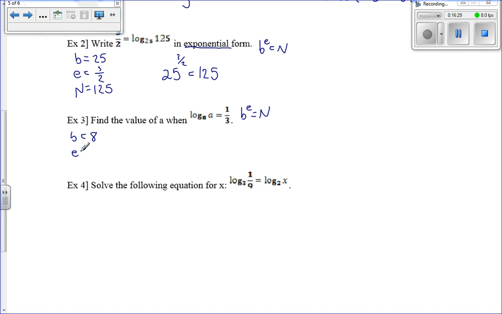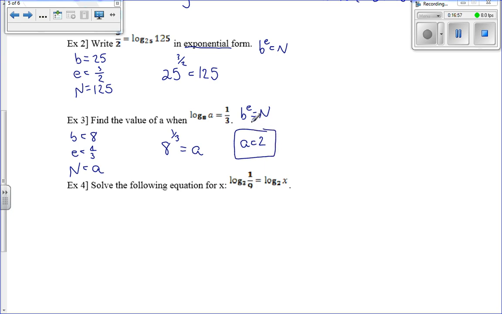My exponent is 1/3. My number is what we're looking for. So I have 8 to the 1/3 equals a. Well, 8 to the 1/3 is another way of saying cube root of 8. So a is equal to 2.